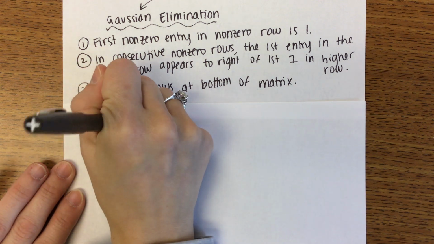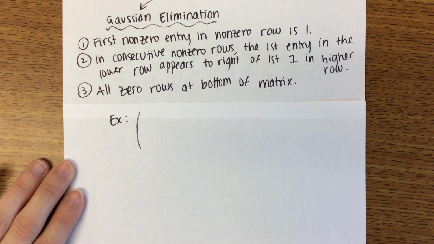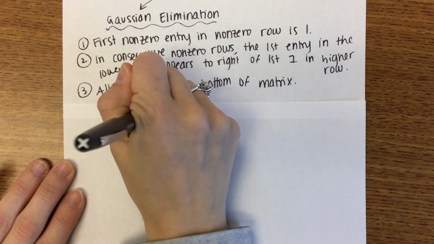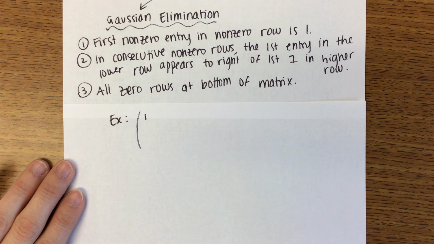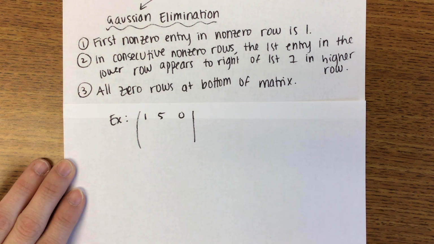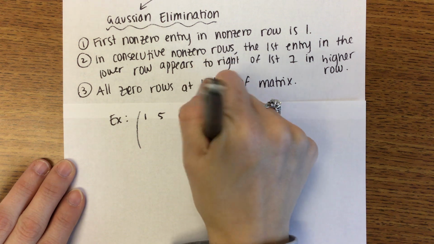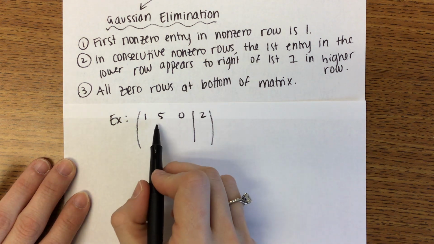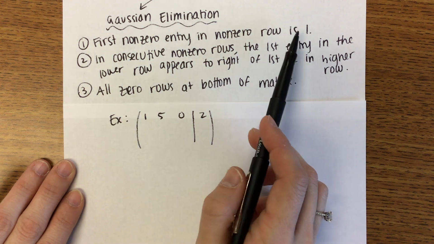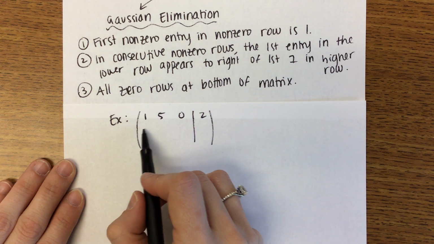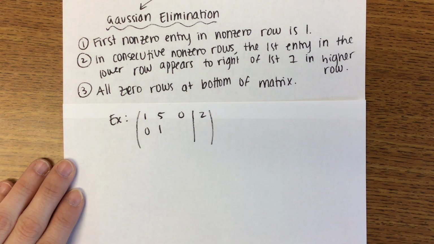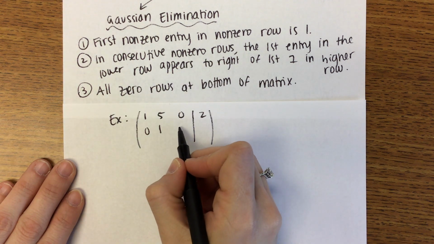Okay, so here's an example. I'm going to have 3 different rows. The first entry in the row needs to be a 1. So I might have 1, 5, 0. And then remember it's augmented. In the next row, if it's non-zero, the first term, which we already said has to be a 1, has to be to the right of this one. So maybe it's here. And then this is going to be some number.